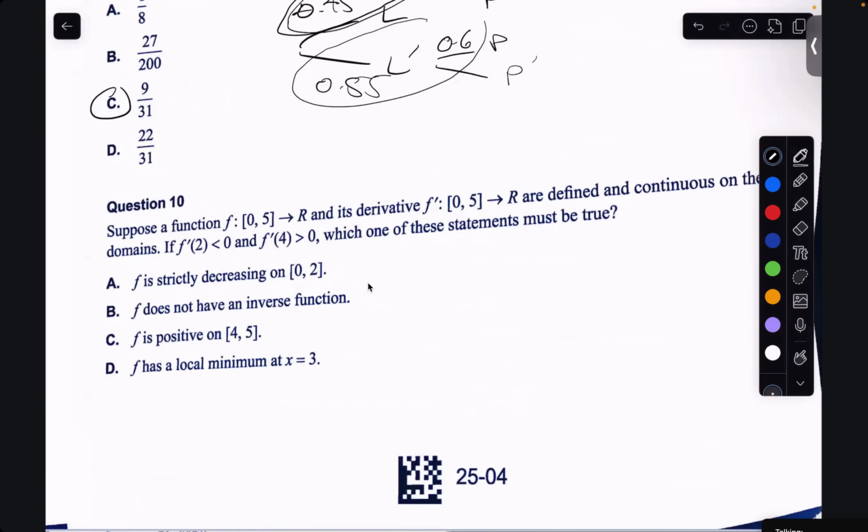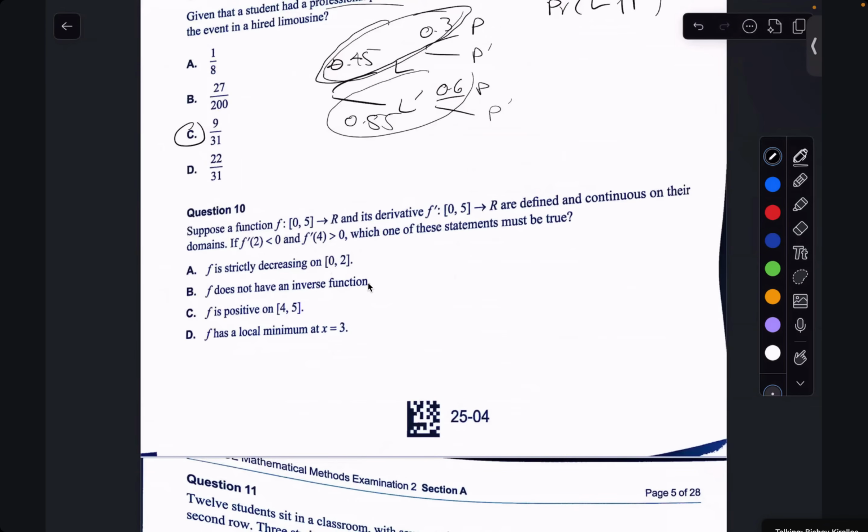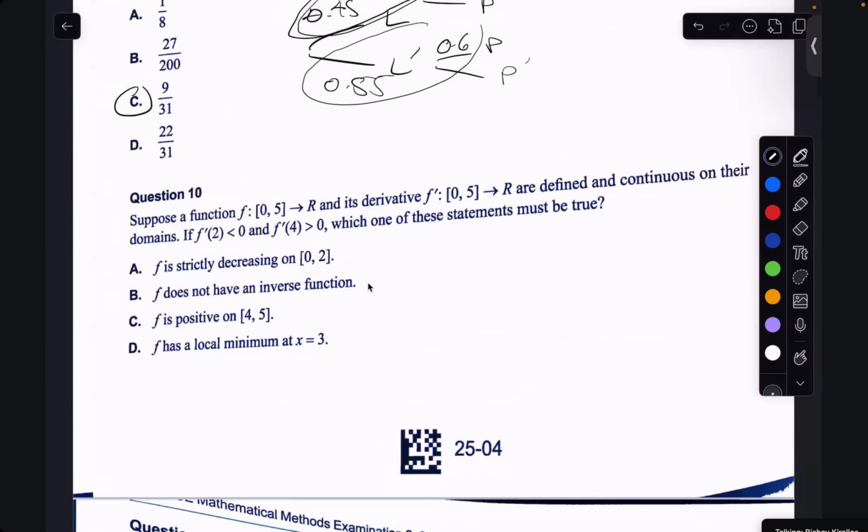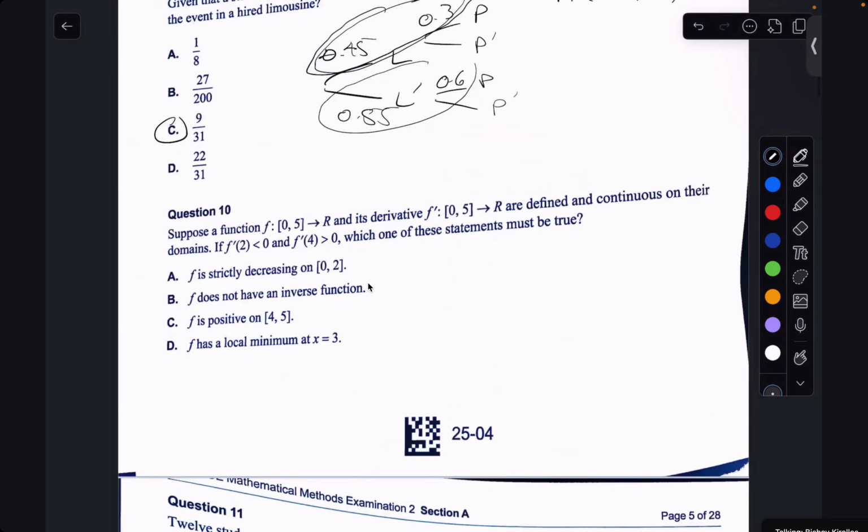Suppose that this function and its derivative are defined and continuous on their domains. Which one of these statements must be true? Okay, well we had an argument about this for exam 1. The derivative should technically not include the endpoints, but that's okay.